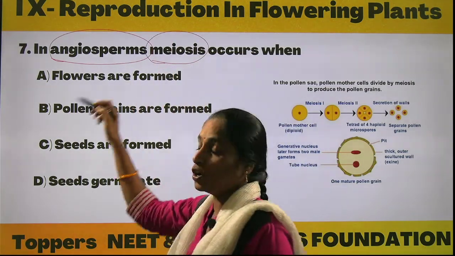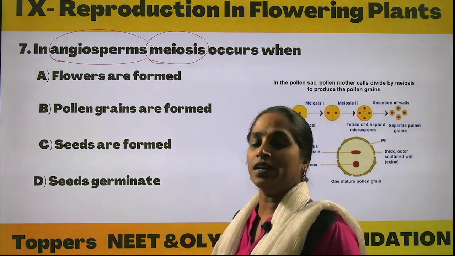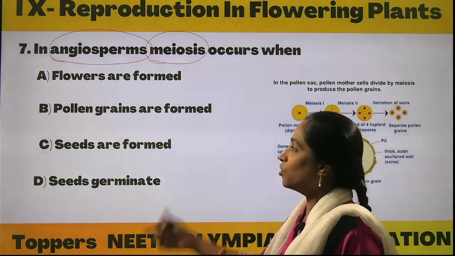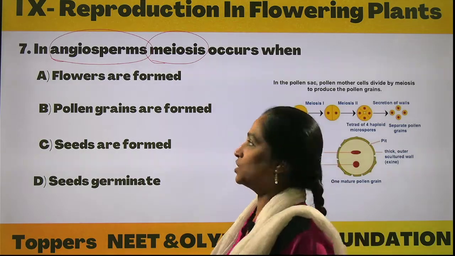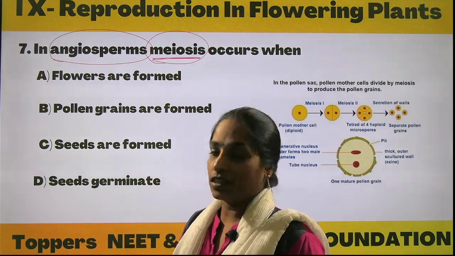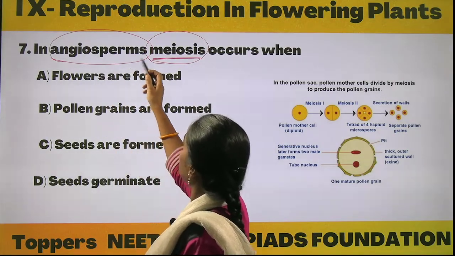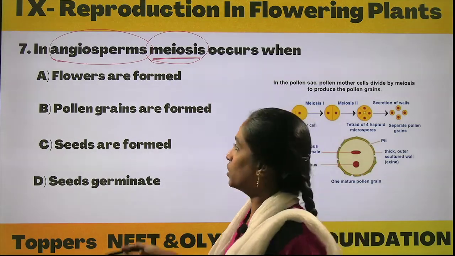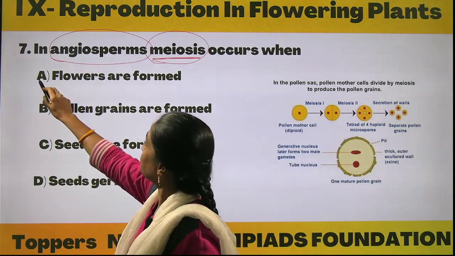Meiosis is a type of cell division where we can observe only the formation of gametes, and not during the formation of the zygote after the fertilization process. So in the angiospermic plants, meiosis occurs when? What is the first option he is asking?